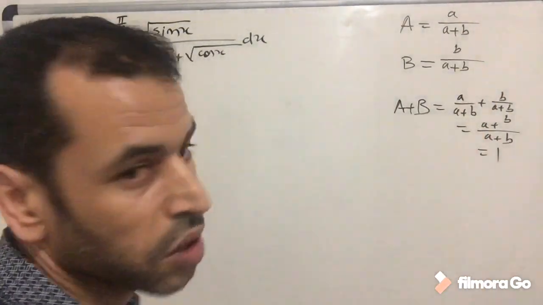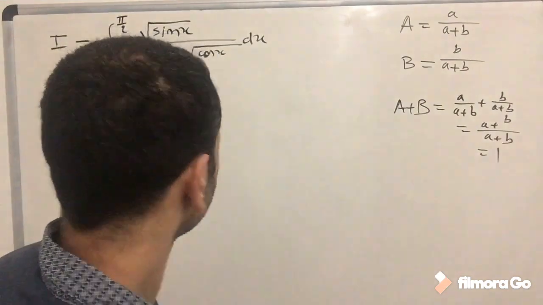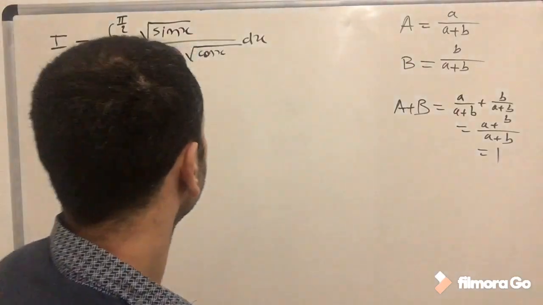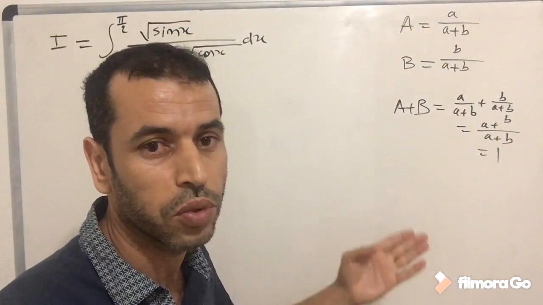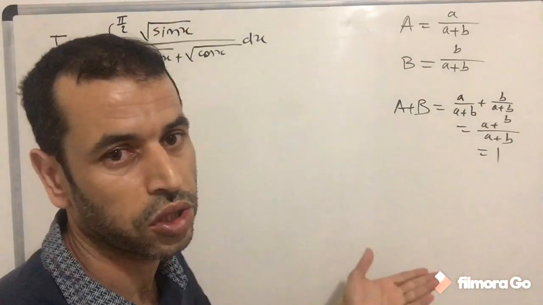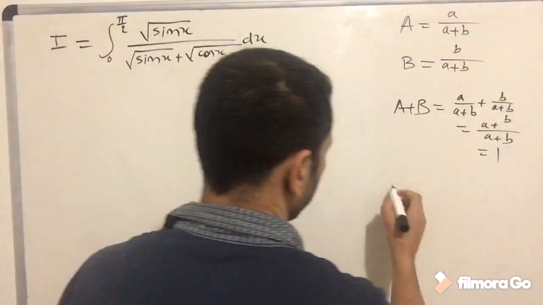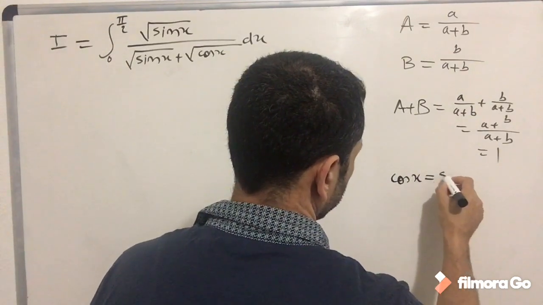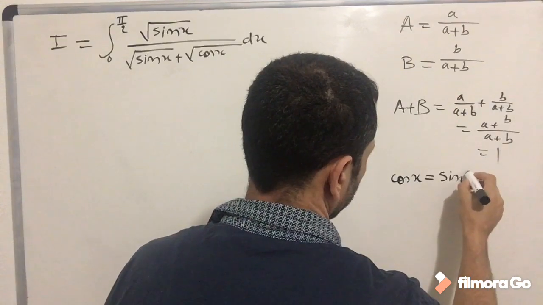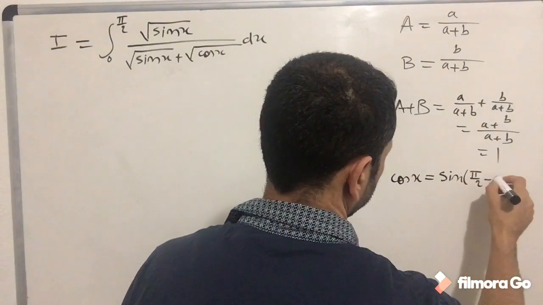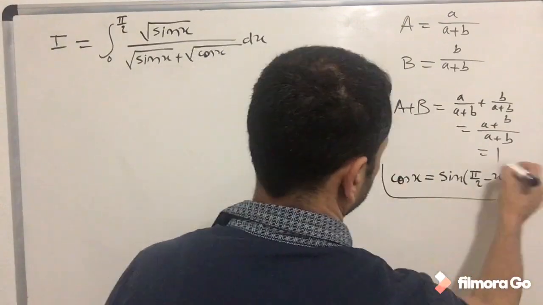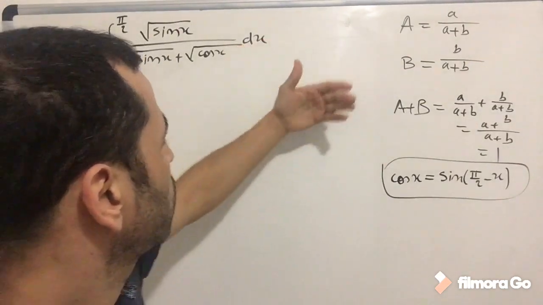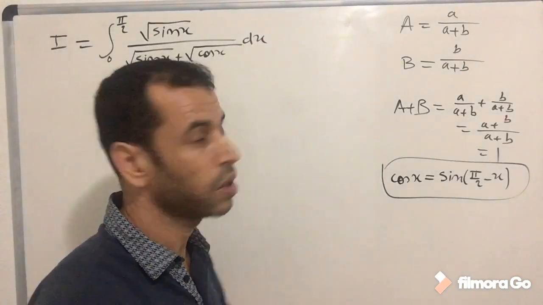So let's figure out how to find b. Also, we should know there is a connection between sine x and cosine x: cosine x equals sine of pi over 2 minus x. We know that. Let's transfer this to get the combination, and that will help us solve this. Okay, let's do it.